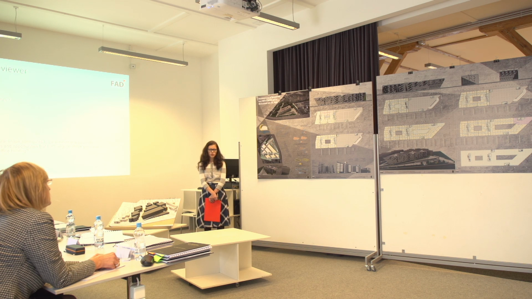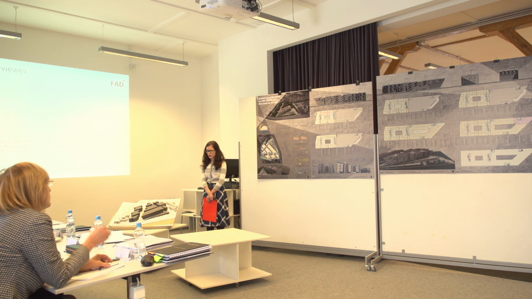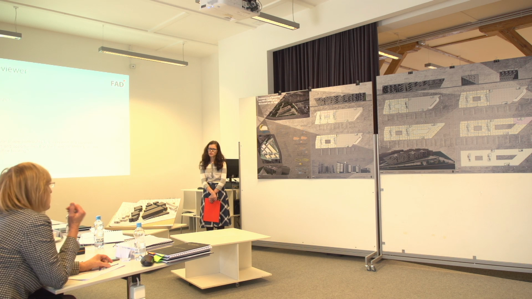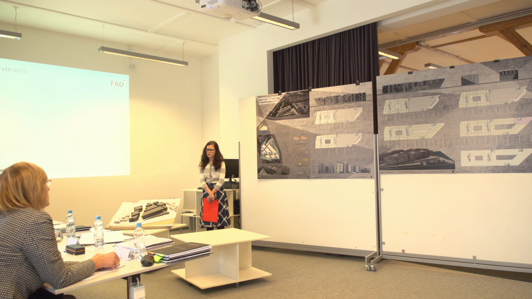About why I didn't mention the television building: at first, in part A, I started to analyze buildings with triangles on the left bank of the Daugava, because triangles can be seen in different buildings.